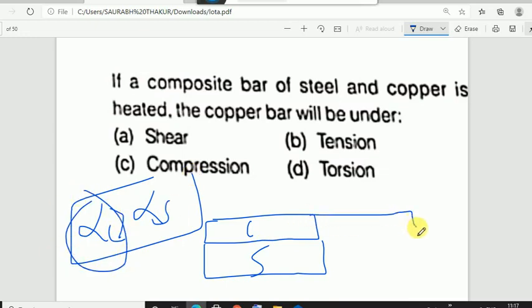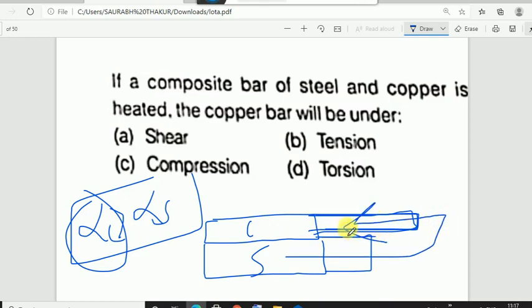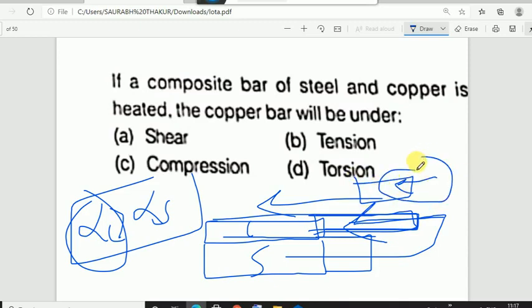It would want to go like this, but steel compels it to go in this direction. Means the copper bar will be under compression.